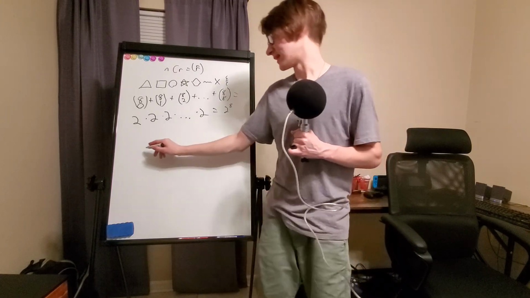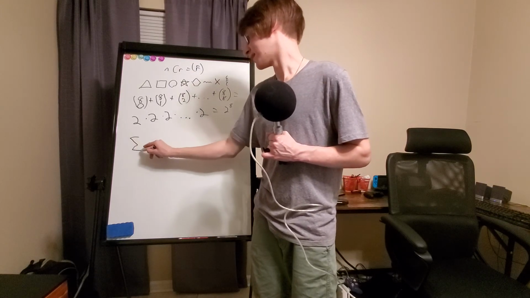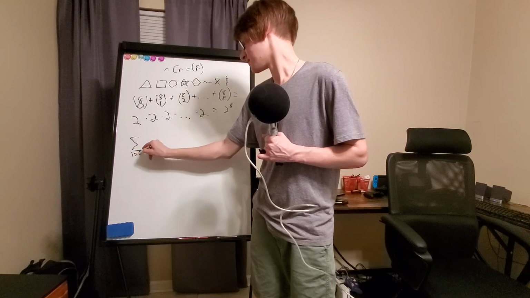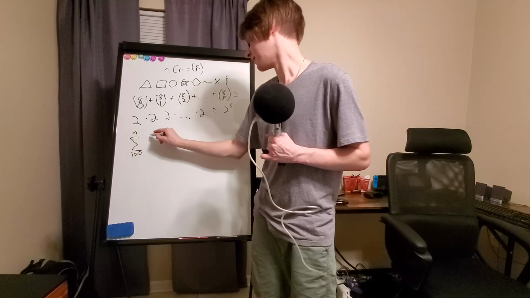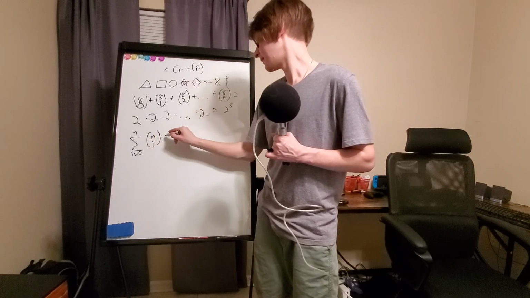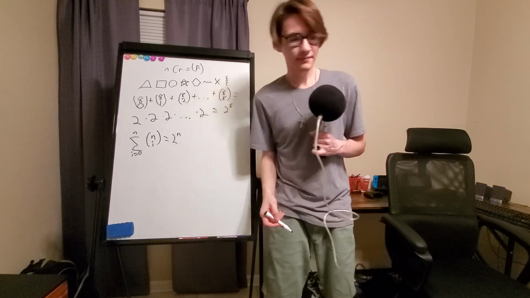So let me just write that down formally. God, that was the worst sigma ever, but let's just roll with it. The sum from i equals 0 to n of n choose i equals 2 to the nth power.